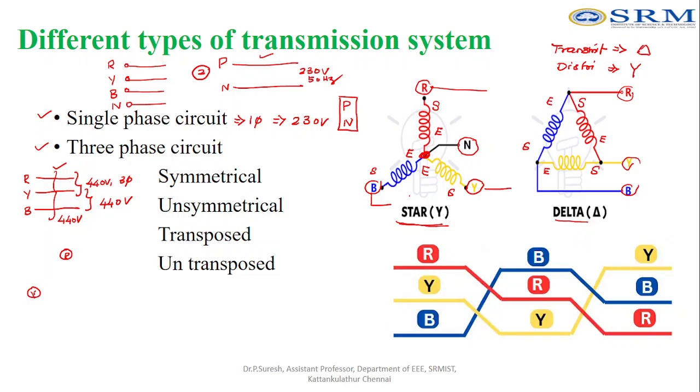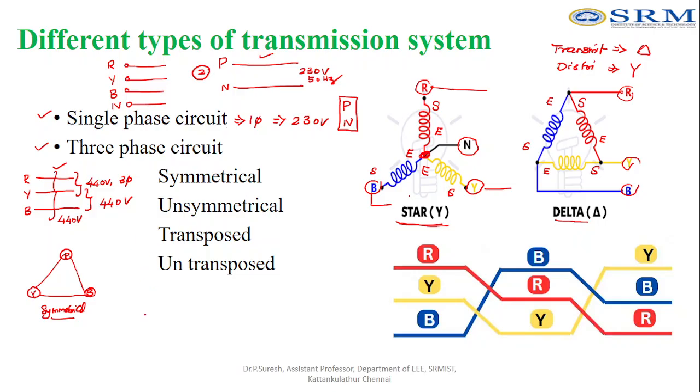For a symmetrical system, the distances between R and Y conductor, R and B, and Y and B are all equal. That type of arrangement of transmitting the power, or transmission system, is called a symmetrical system. Why is it called symmetrical? Because the distances are equal.